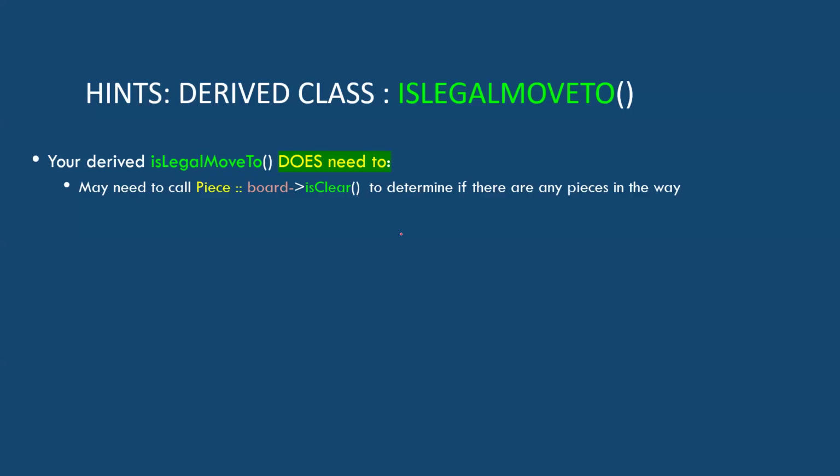You do not need to write that code. You just have to remember that you have to access it through the board class. And since every piece has a board pointer, your isLegalMoveTo method is in the piece class and it can use its board pointer. So you will be using this in your isLegalMoveTo logic. And we'll see an example of that here in a second.